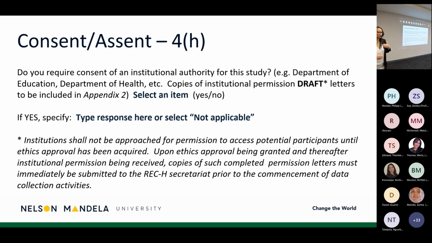And you cannot approach your target group until you've got all of your permissions in order. And there's probably a tiered level of permissions that you have to go through before you can begin your work in earnest with your data collection.